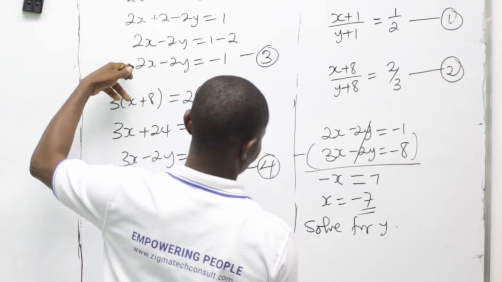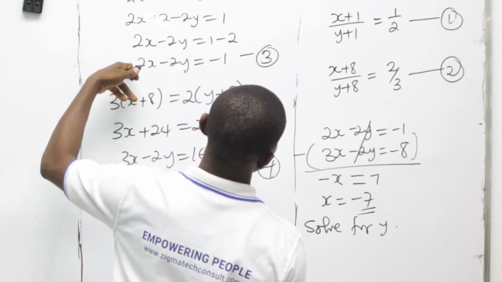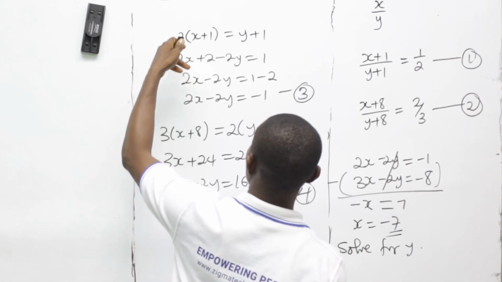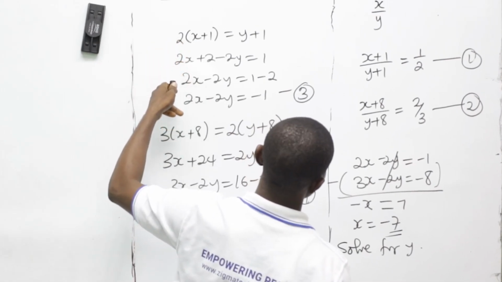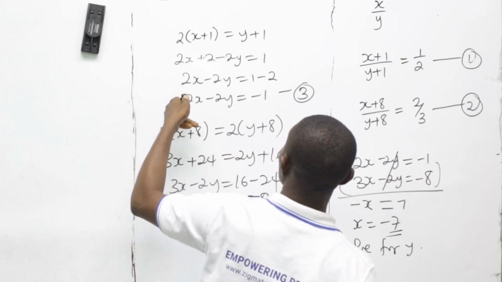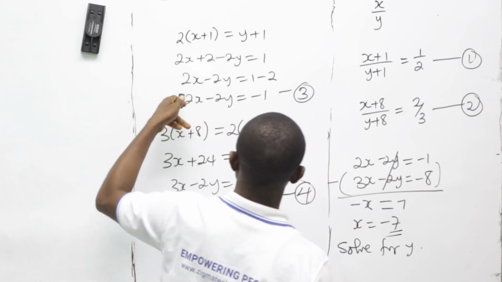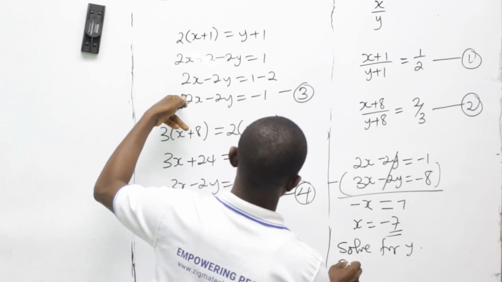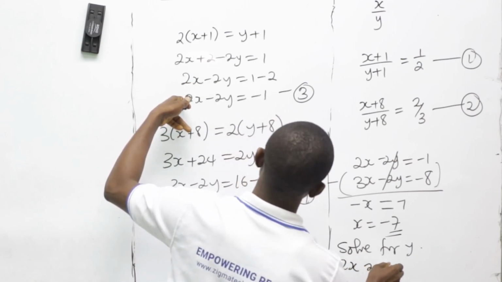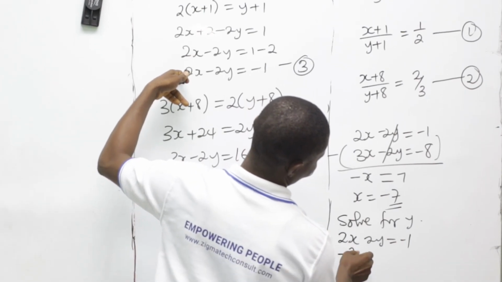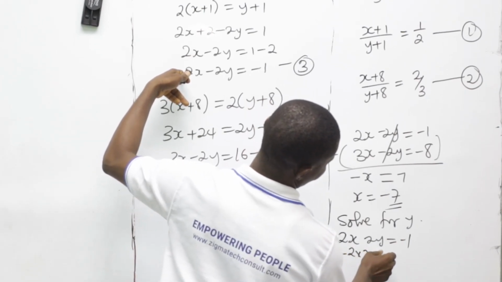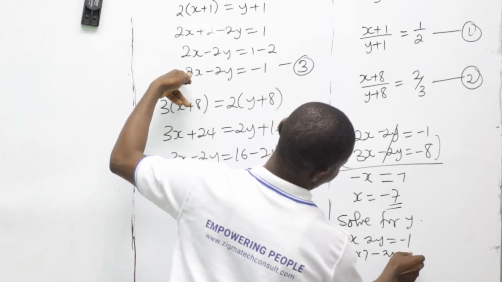Recall that in our equation 3, we have 2x minus 2y to be equal to minus 1. So minus 2 times 7 minus 2y equals minus 1.